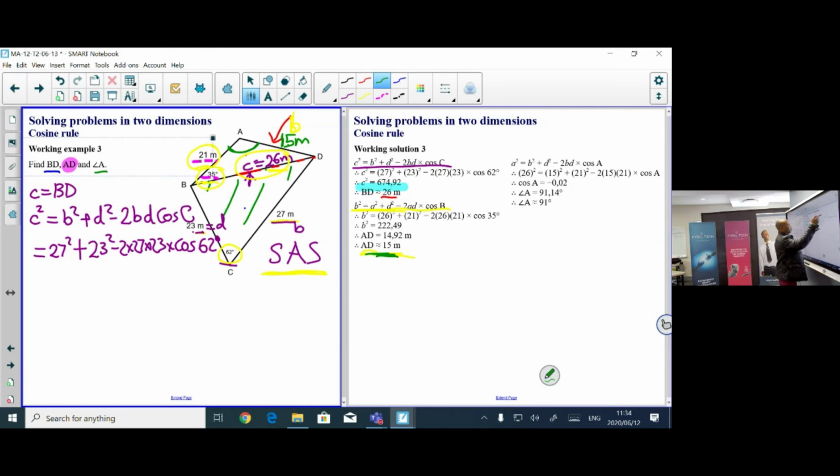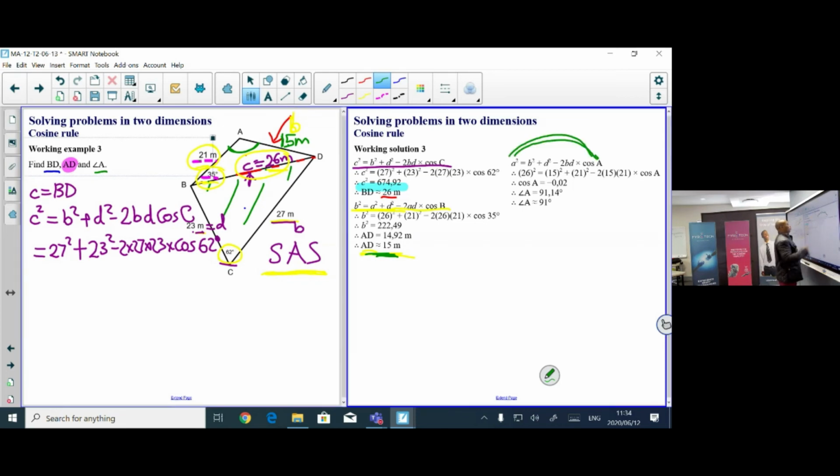Remember that relationship? If you use that, you will see that our triangle is already a side angle side, because it has the information to include a there. So a squared equals b squared plus d squared minus 2bd cos a. Where there's a squared, we have 26 squared, which we just found.